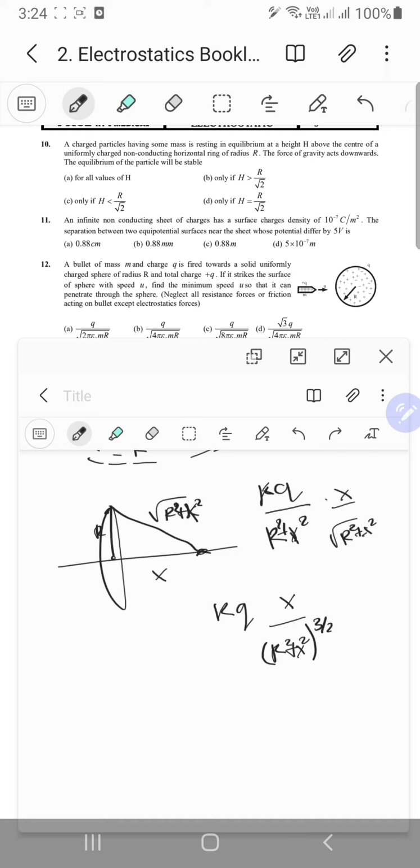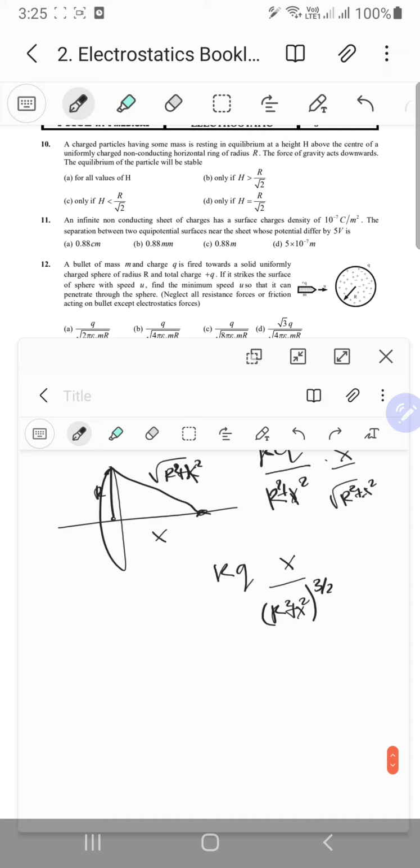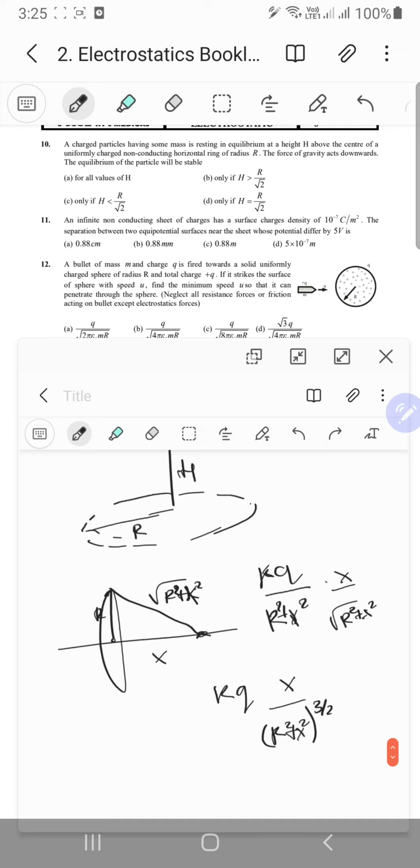Well, they didn't give us anything else. They didn't give us the charge, they didn't give us the mass or anything. That's not supposed to be correct for all values of h. The force of gravity acts downward. The equilibrium of the particle, so it is already in equilibrium, that's what they mean.